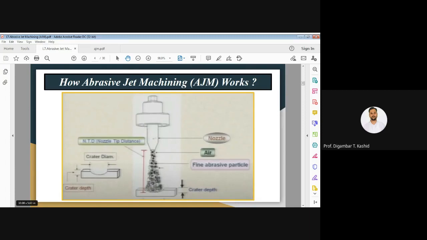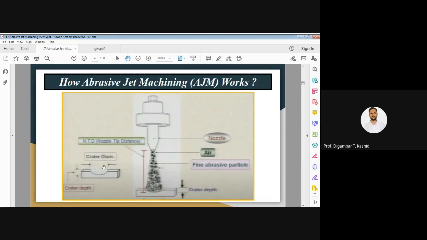You can see crater depth here. And the second is the width or diameter to which it removes the material from the workpiece, that is called crater diameter.